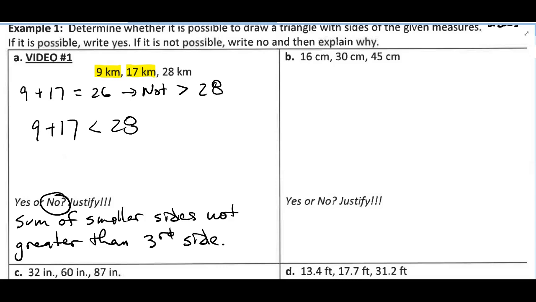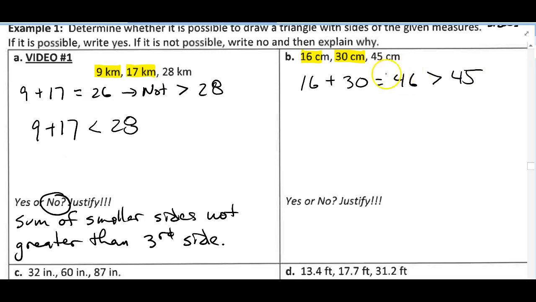Again, I'm going to highlight the two smaller sides. I've got 16 and 30. Again, they happen to be in order, but they won't necessarily always be. So I've got 16 plus 30, which is 46, which is greater than 45.